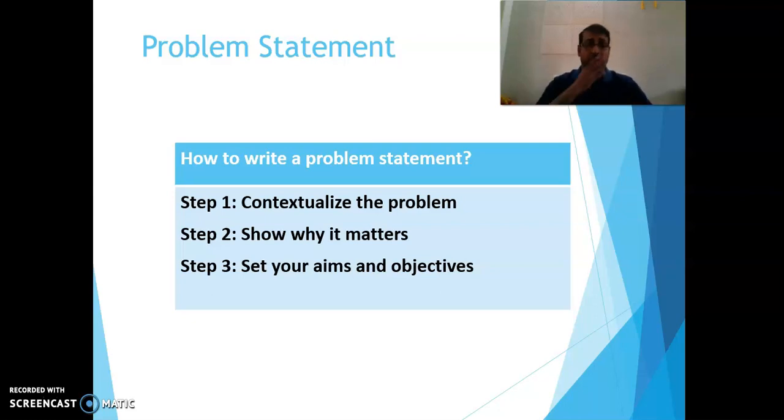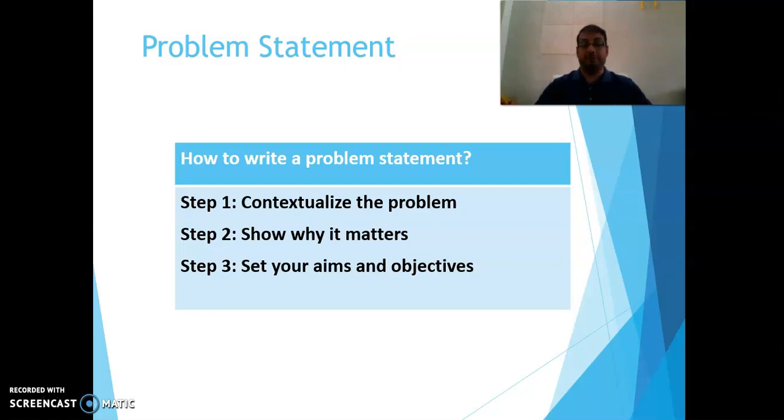So, how to make it concise, precise, and concrete? There are 4 steps. Although I have stated here 3, one is missing from here, but I will include it in my discussion. So, step 1.